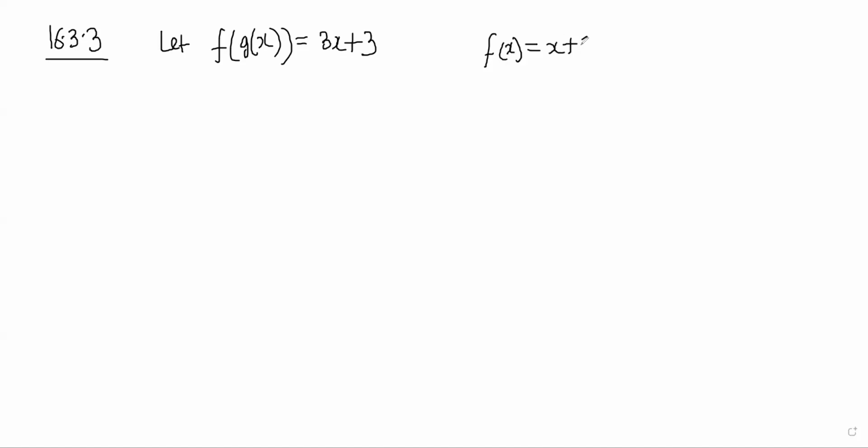Okay, how do you do question number 16.3.3? F of g of x is 3x plus 3, f of x is x plus 6, and g of x is ax plus b.